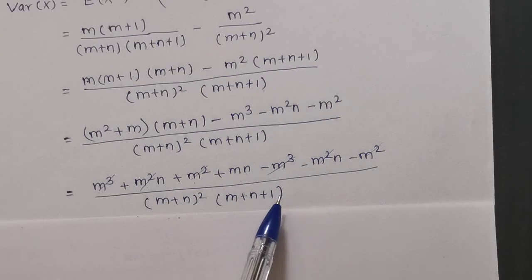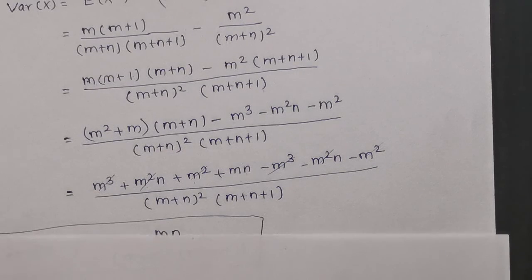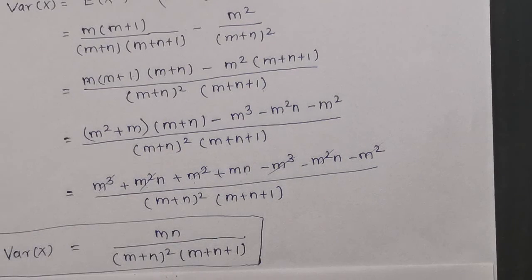So the variance of x is equal to m into n divided by m plus n whole square into m plus n plus 1. This is the variance of the beta distribution of the first kind.